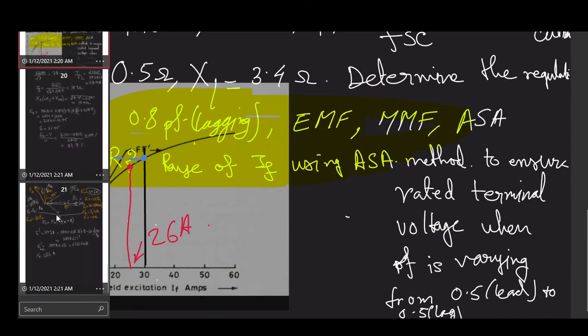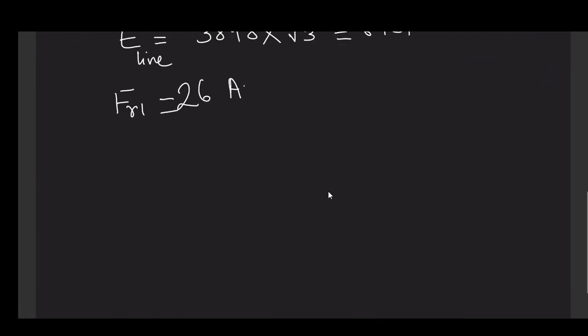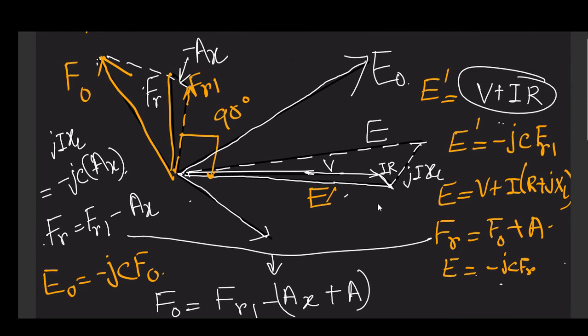So A plus AX is 30 ampere. Now we are all done. The only thing we need to figure out is the angle between A and FR1, or minus A and FR1, this much.